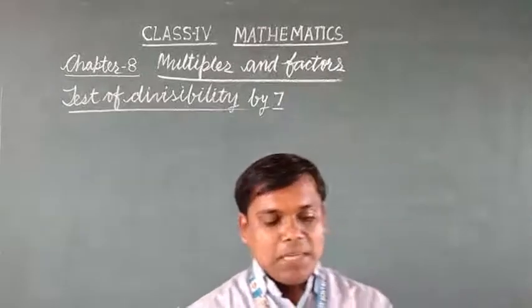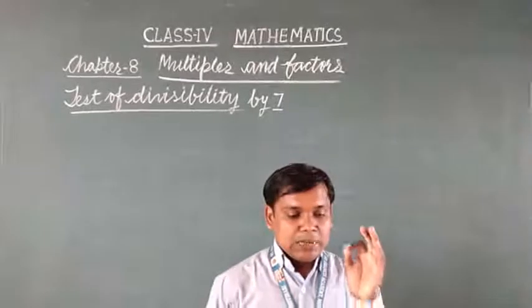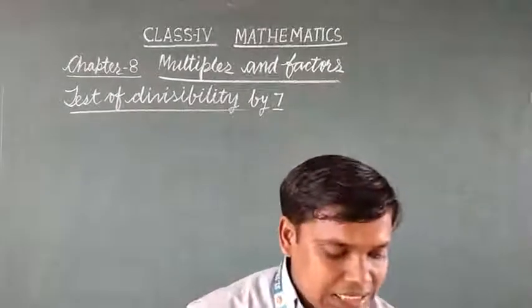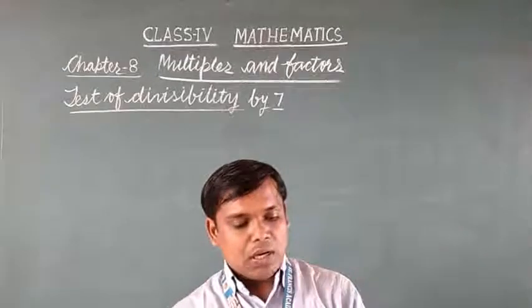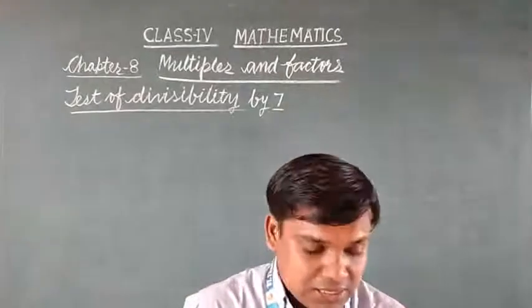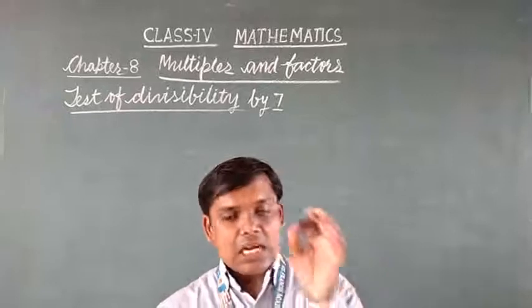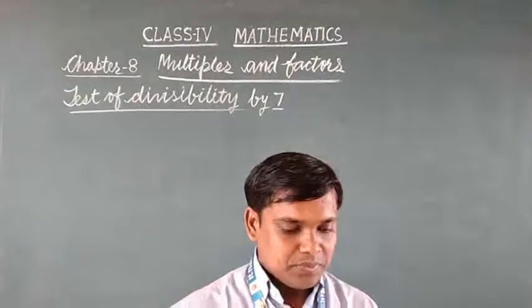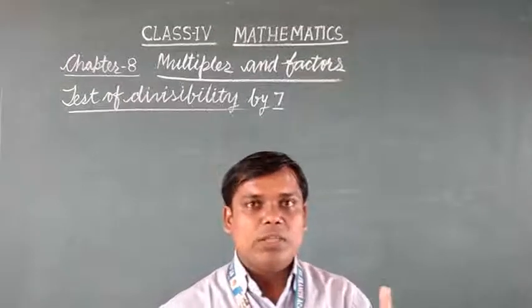Means a number is divisible by 7 if the difference between twice the last digit and the number formed by other digits is either 0 or a multiple of 7. Then the number is said to be divisible by 7.